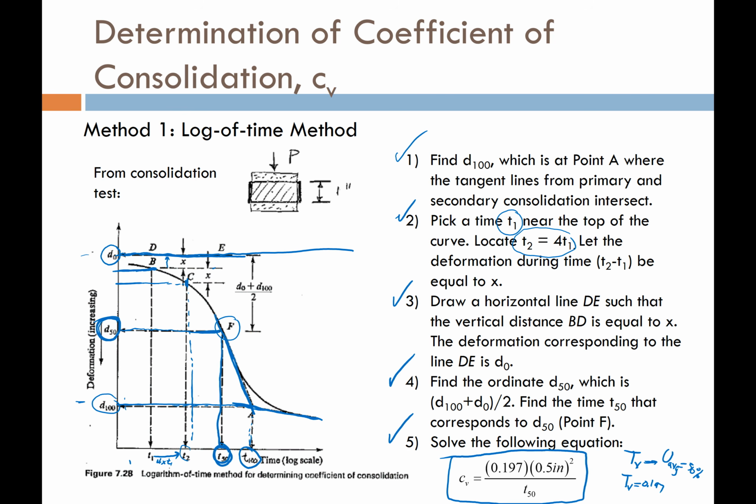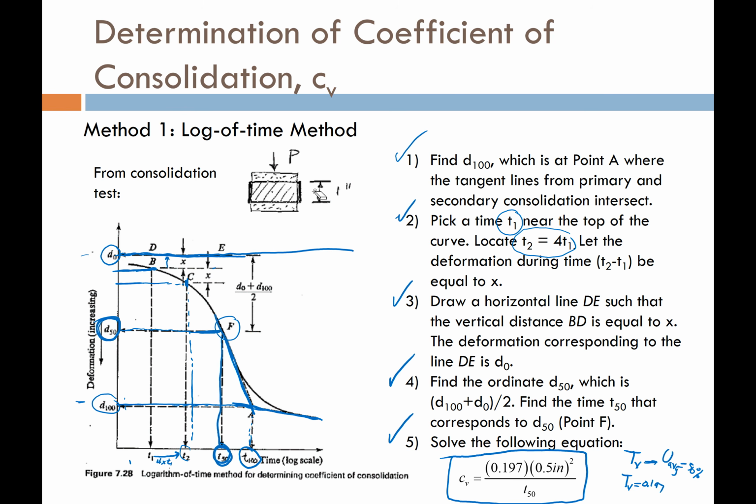to back calculate what C sub V would need to be to have 50% consolidation at time equals 50, and there's our T sub V factor of 0.197. This 1/2 inch, well, where does that come from? Well, remember, we're dealing with a consolidation specimen, and you cut that soil specimen to be 1 inch thick initially.